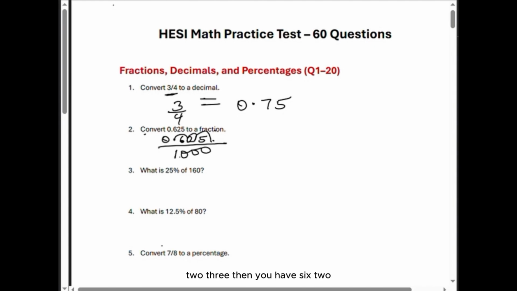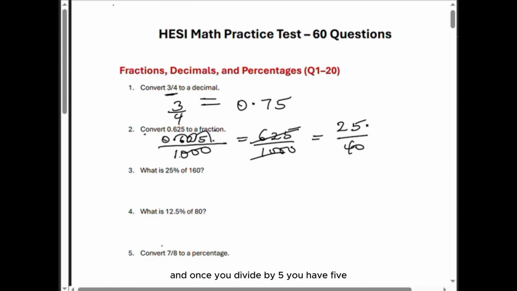Then you have 625 over 1000. You can find a factor that can divide this. You can divide by 25 and you have 25. Divide this by 25 also you have 40, and also divide by 5 you have 5, and also divide by 5 you have 8. So converting this to fraction, it is 5 over 8.